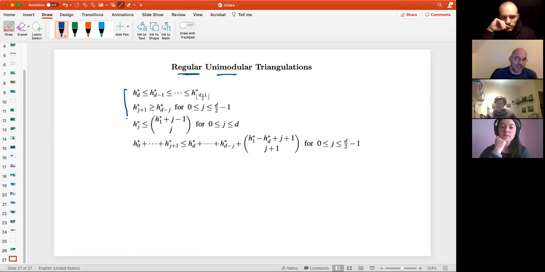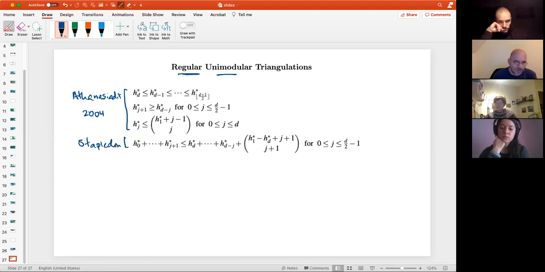To give you an idea of how old this stuff is, these were proved in a paper by Athanasiadis in 2004, and this was Stapleton about 10 years ago, in 2009.